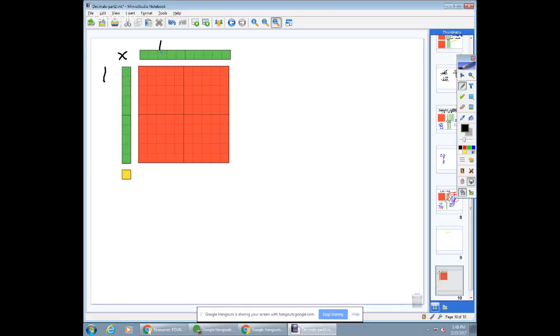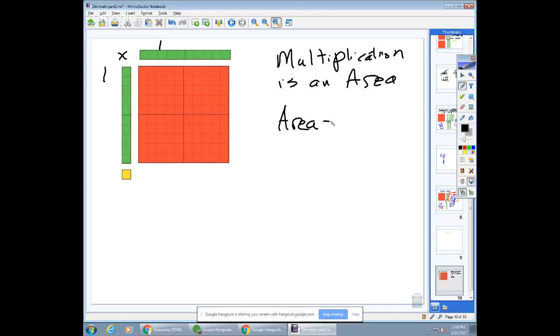All right, so check this out. If I let this green and red region be a 1 by 1 region, and I'm considering multiplication as an area, I like to consider a base times height instead of length times width.